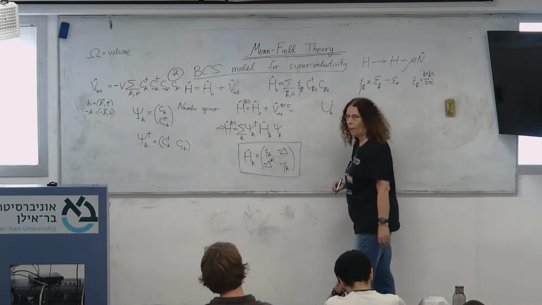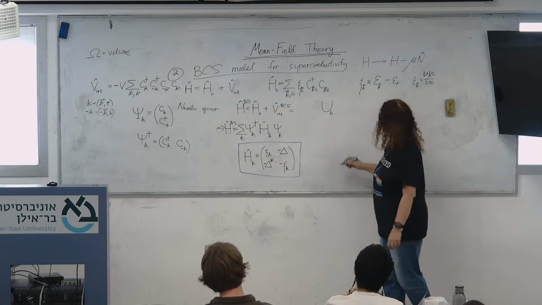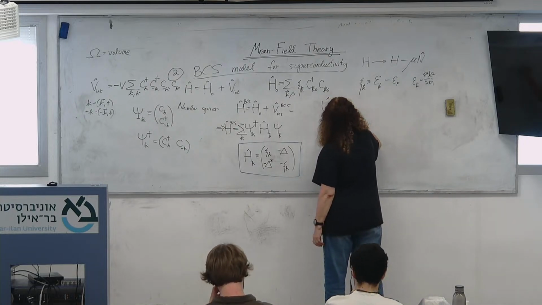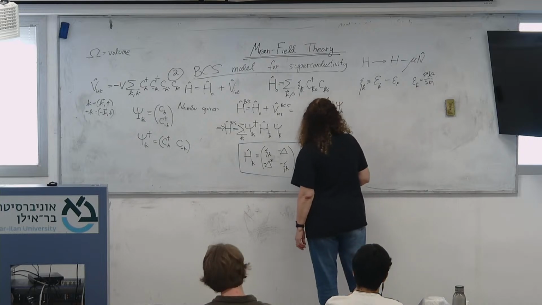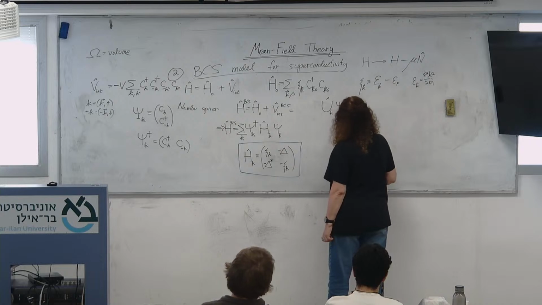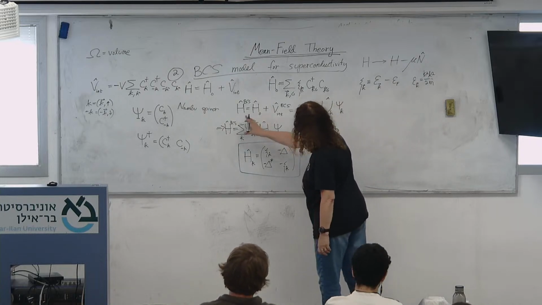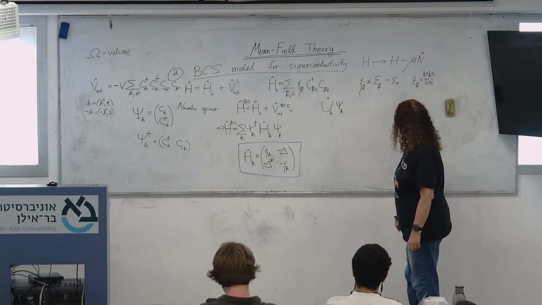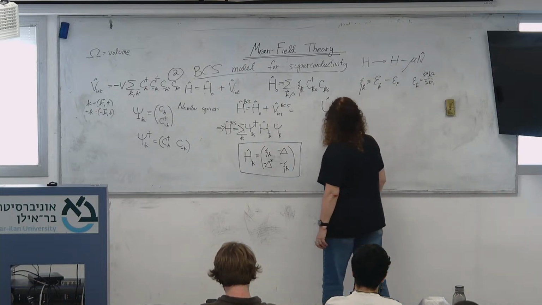For each K, there is a unitary transformation that if I apply it on the psi K, and I apply it on the left on the psi dagger, I will get a new Hamiltonian, okay?